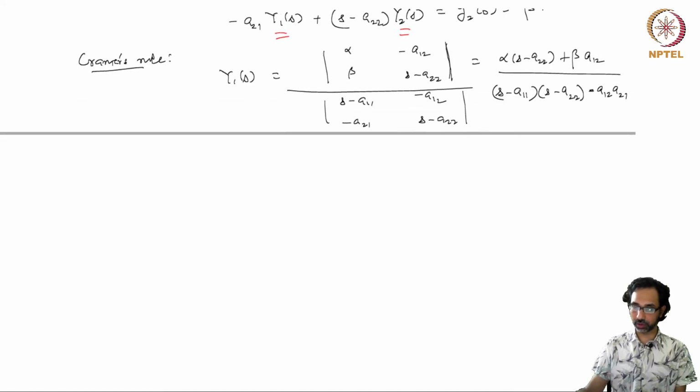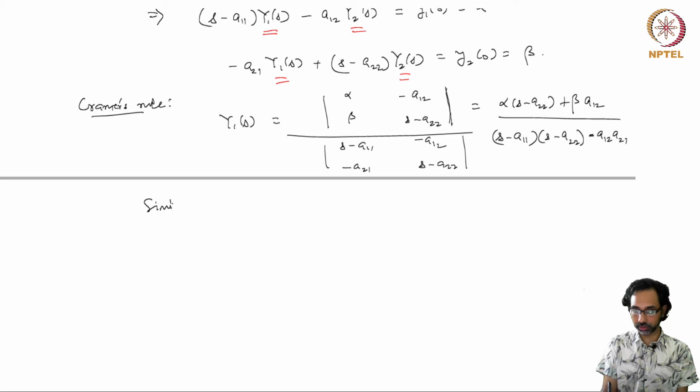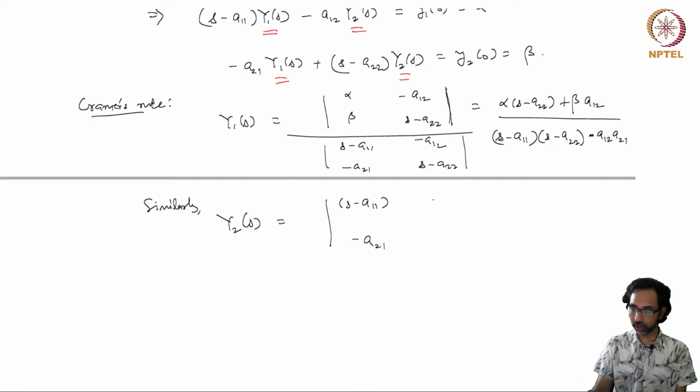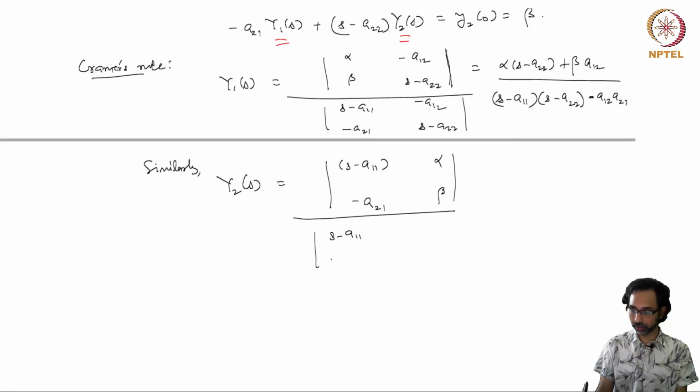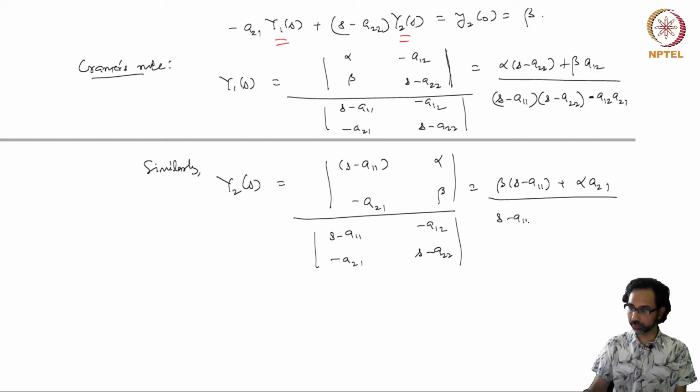Similarly, you can solve for Y2(s). Y2(s) is equal to the determinant of the matrix with rows s minus a11, alpha and minus a21, beta, divided by the same denominator, and so you get beta times (s minus a11) plus alpha times a21, divided by (s minus a11)(s minus a22) minus a21 a12.